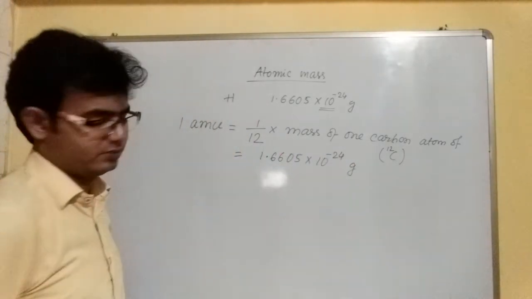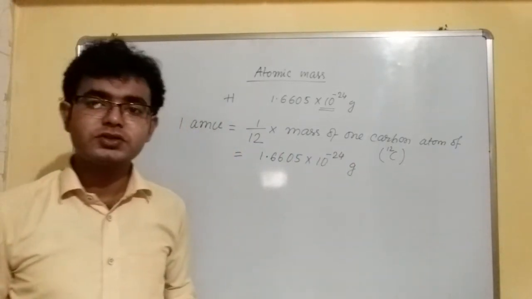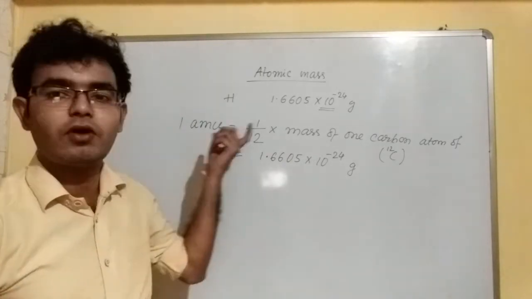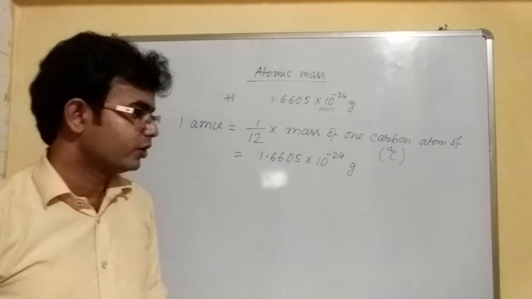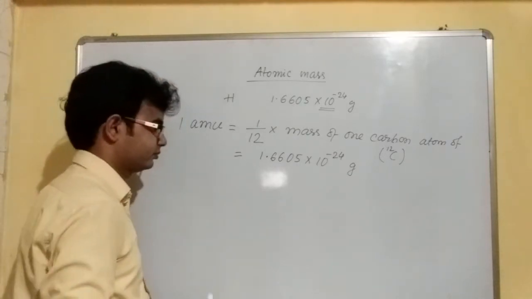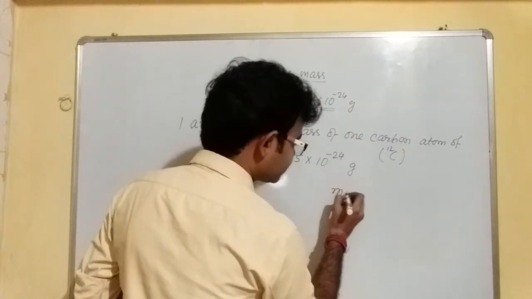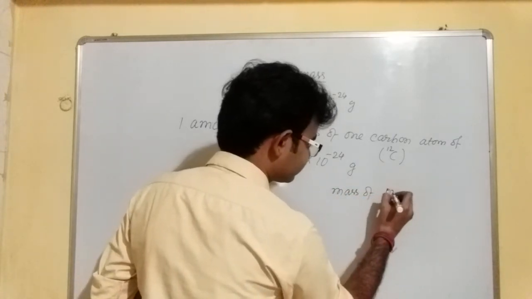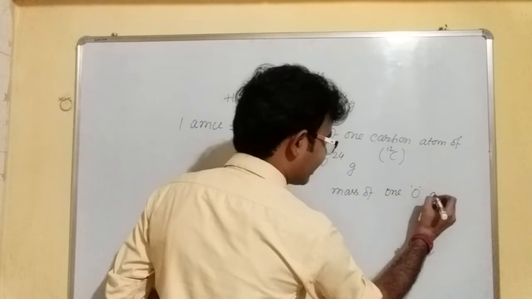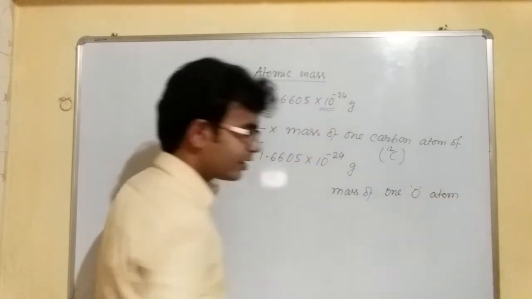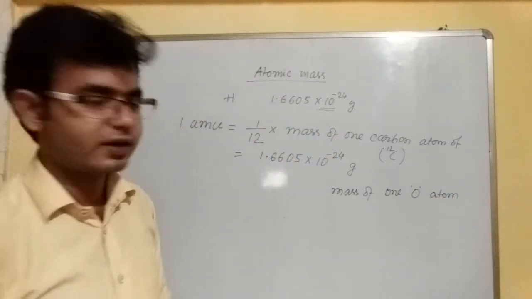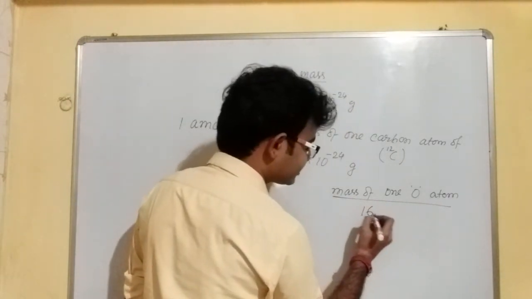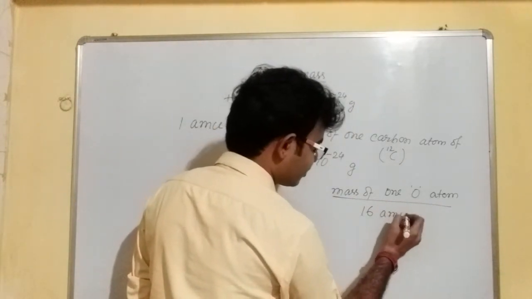So it can be observed that the mass of one atom can be expressed in the form of AMU. So let me discuss it. Here, the mass of one oxygen atom: when calculating the mass of one oxygen atom, it is 16 AMU.